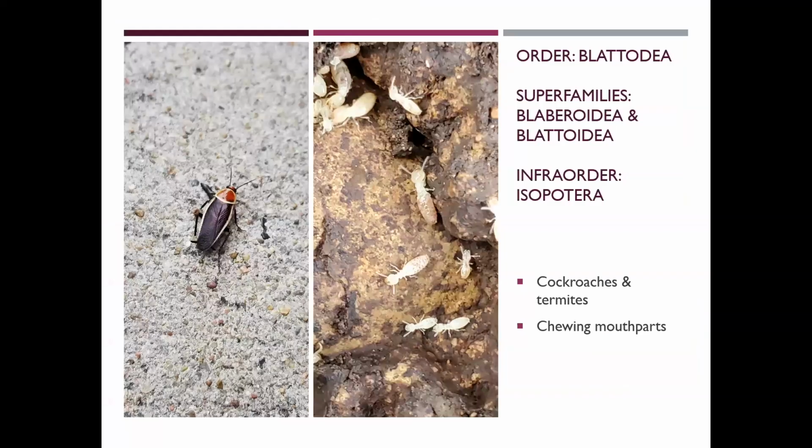All right, my absolute favorite group of insects is the Blattodea. These are the cockroaches, which are my fave, and the termites. Termites used to be in their own order, but there was a reclassification done, and termites are now within the order Blattodea with the cockroaches.